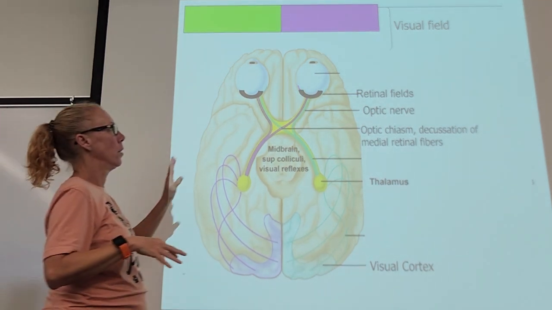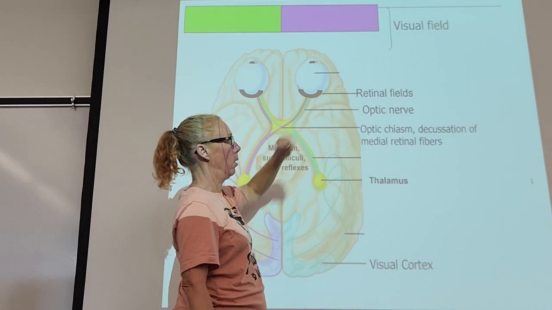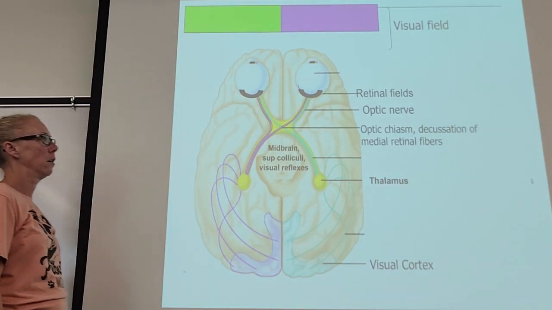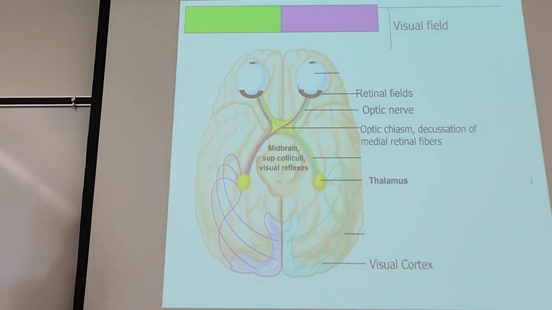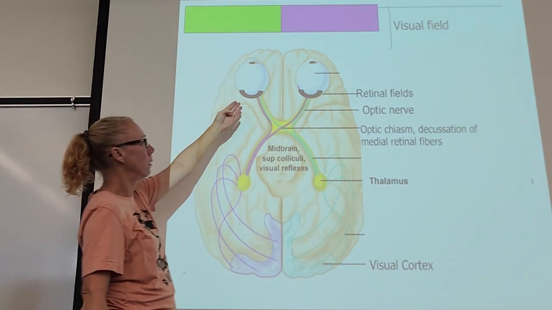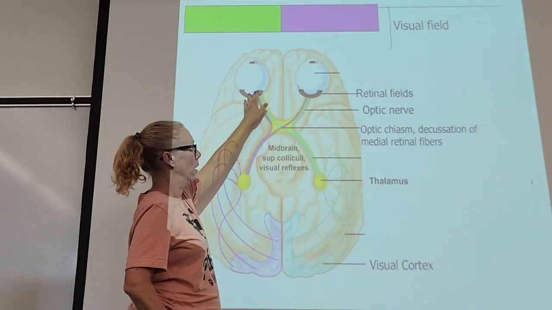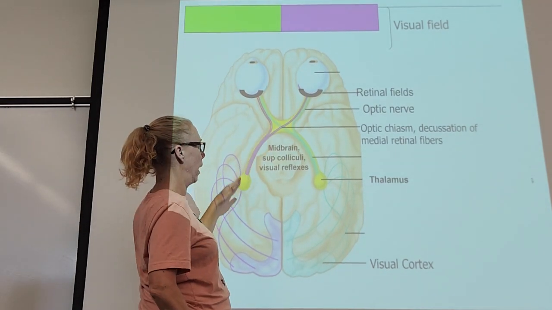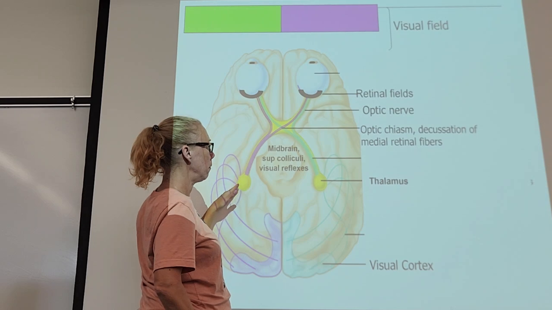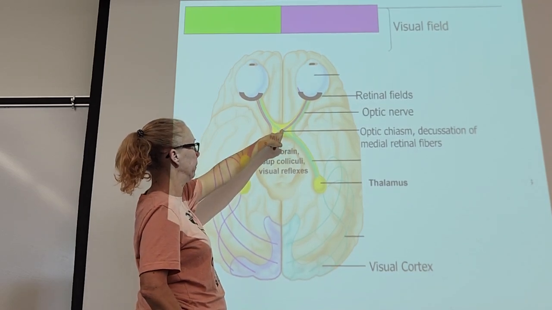Okay, so the posterior aspect of each eyeball is the retina. The big thick U represents the retina, okay? And coming out of the retina, we have the optic nerve, just like the X that we were looking at in the sheep brain. The middle of the X is called what?